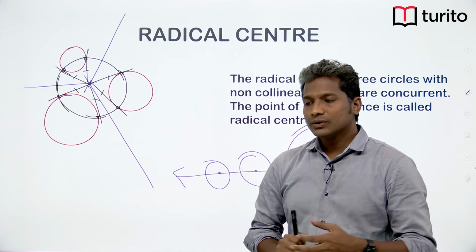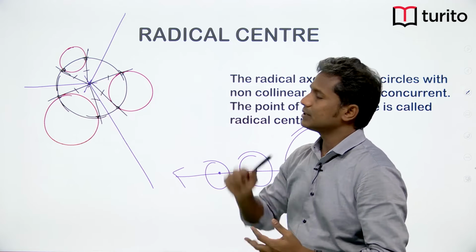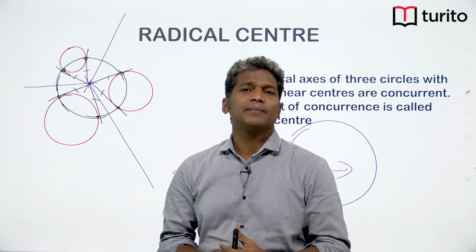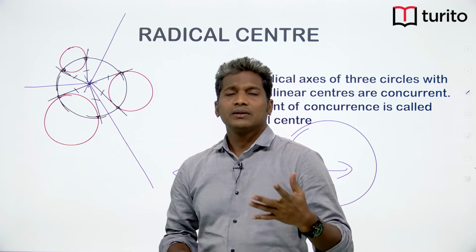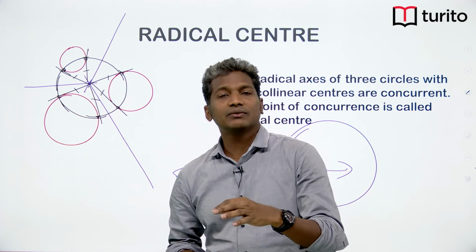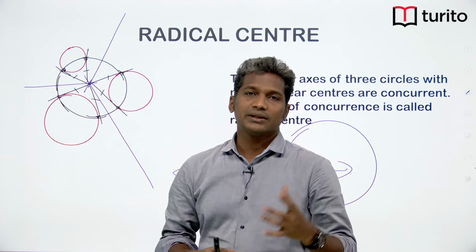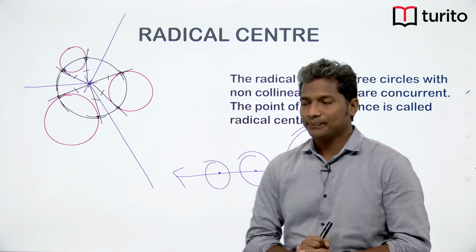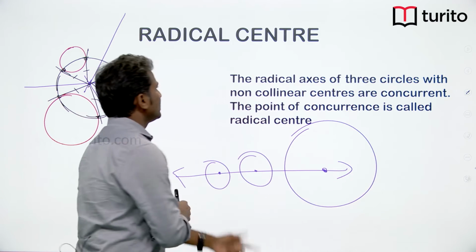Okay. So, suppose a question comes based on this, and if the equations of 3 circles are given, and you are asked to find the center of the 4th circle, which is orthogonal to the 3 given circles, then you can calculate it using this concept. Okay. So, let us see a few more theory points.